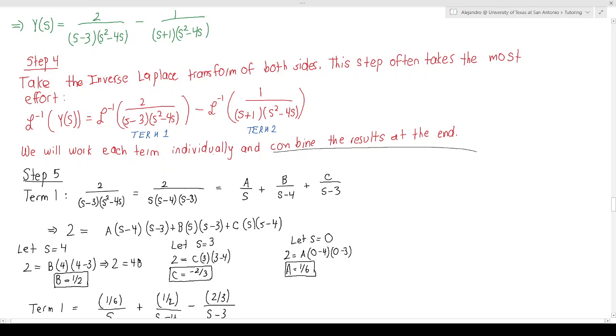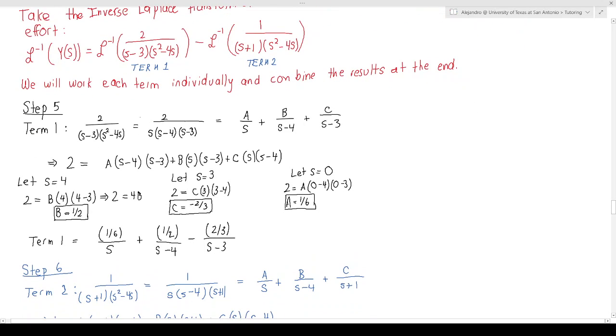So in step 5, we're going to work with term 1. Term 1 is 2 over s minus 3 times s squared minus 4s. What we can do is factor: s minus 3 is one factor, it can't be factored anymore. S squared minus 4s can be factored into s times s minus 4, so we do that when using partial fraction expansion.